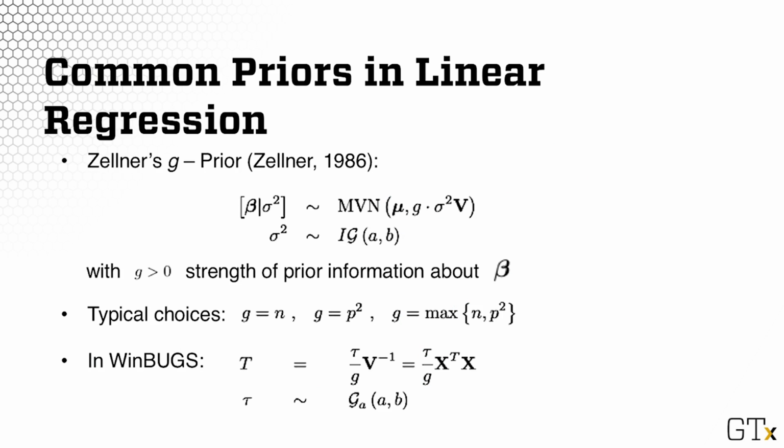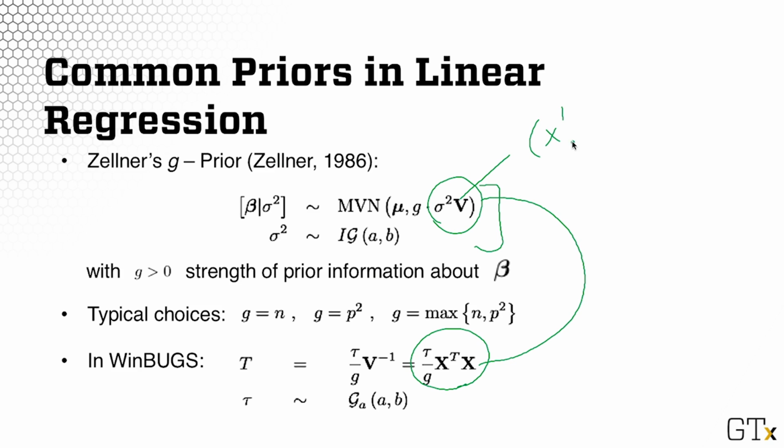Let's conclude these common priors in linear regression with Zellner's priors, the so-called Zellner's g prior. It is a normal inverse gamma setup, but then the covariance matrix in the normal inverse gamma setup is taken to be constructed from the design matrix. So this V is going to be X transpose X to the minus 1.